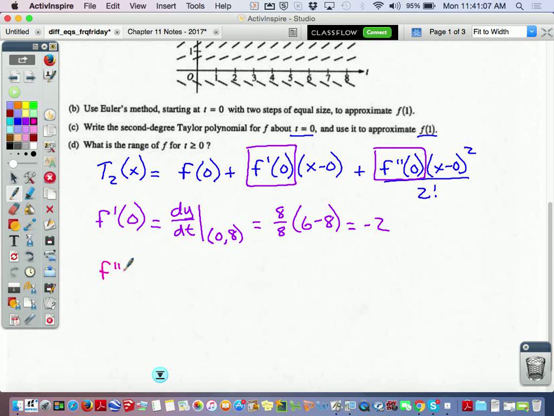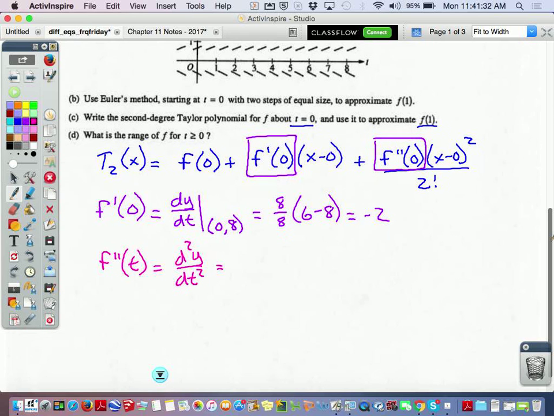First, I'm just going to write out f double prime of t, which would be equal to the second derivative at t. So we've got to actually take the derivative of y over 8 times (6 minus y). And this one might be a little bit more tricky, so I'm going to do a little prep work for us.